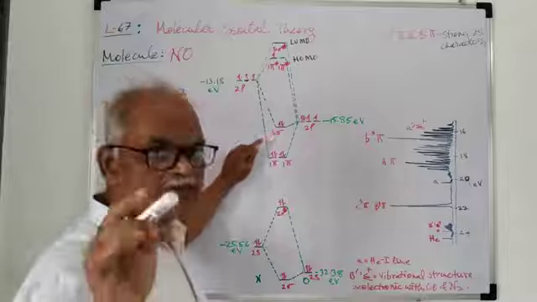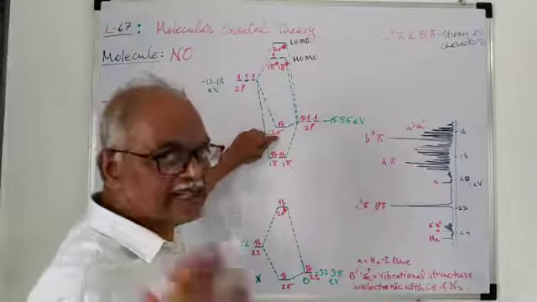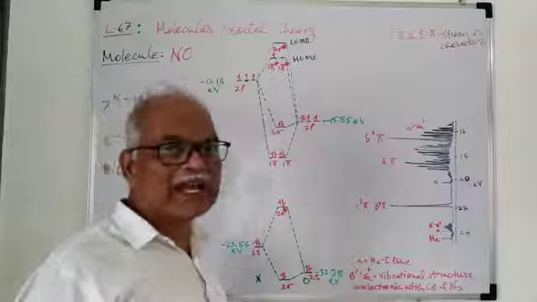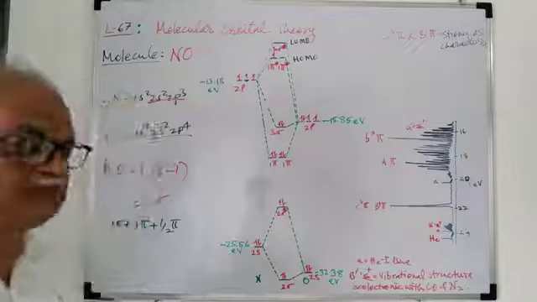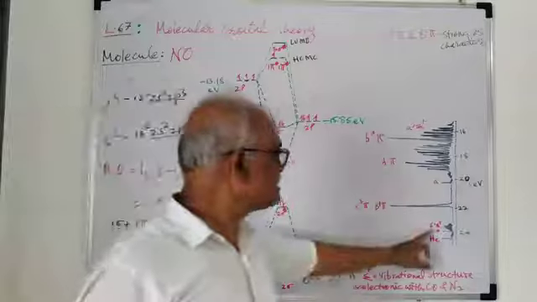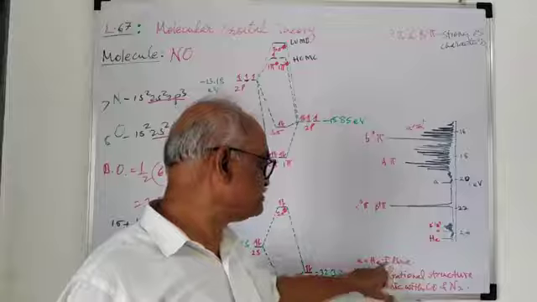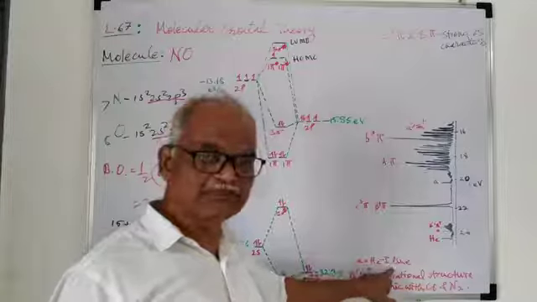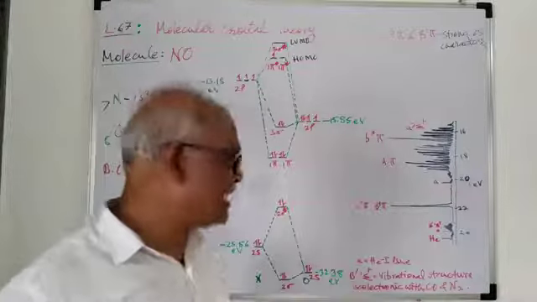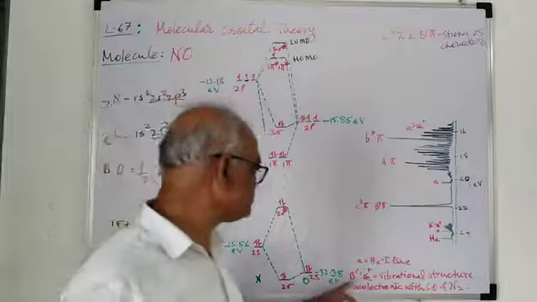Similarly, the important observation is that the sigma molecular orbital lies at higher energy than the pi molecular orbitals. So this is one of the important observations. This indicates the lines are appearing due to the He1 line, which is used as a source of photon.